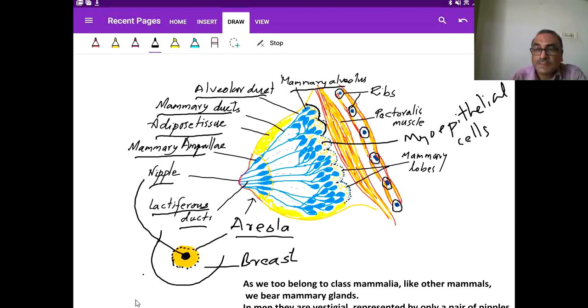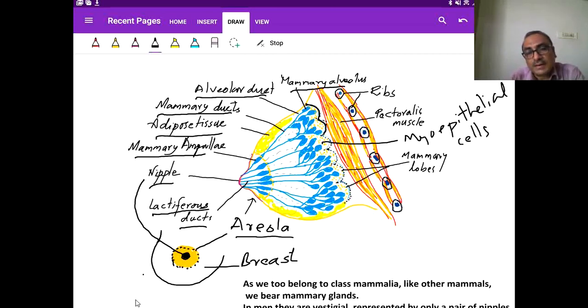And during pregnancy, a lot of changes take place inside the mammary gland, like the size of the mammary alveoli increases, the duct system becomes more prominent and stronger, right? And synthesis of the milk starts. And after the childbirth, after parturition, the secretion of the milk actually begins.